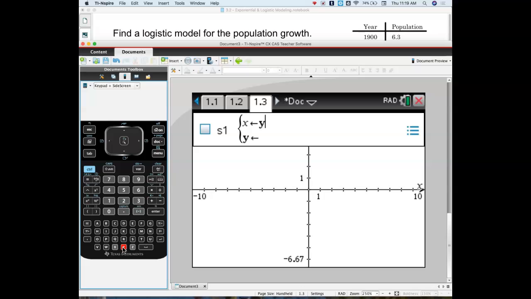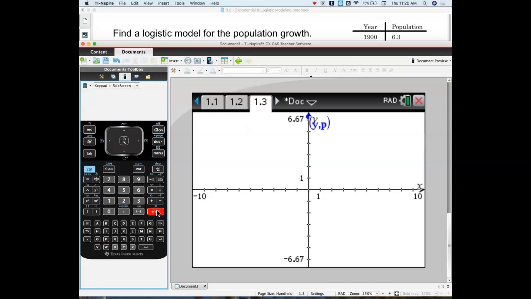In my case, I did Y. It will be whatever your column heading was, and it will be bold when you get it right. Then you go down to the Y, and that's whatever you titled your population column. In my case, it was P. There's P, and it's bold, and then I hit enter. Uh-oh, I don't see anything.